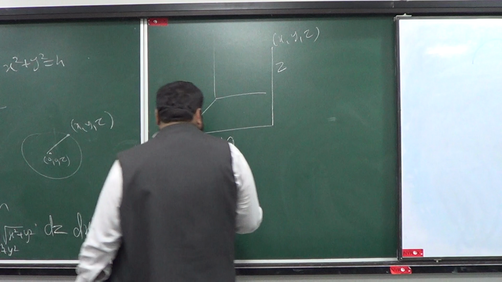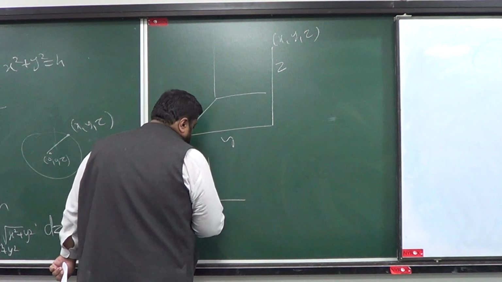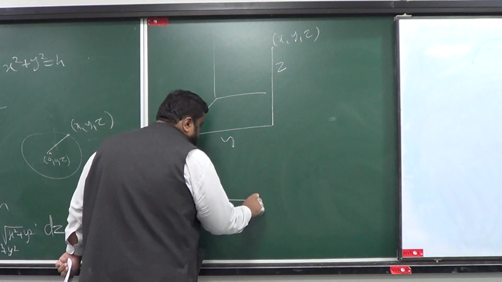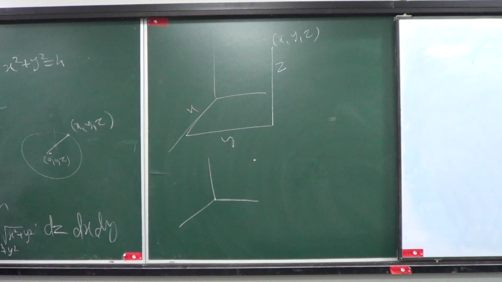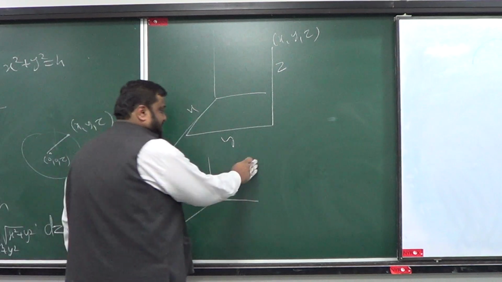The other way could be this: let's imagine I have the same point, but this point is sitting on a sphere, on the surface of a sphere. So let's draw an imaginary sphere.